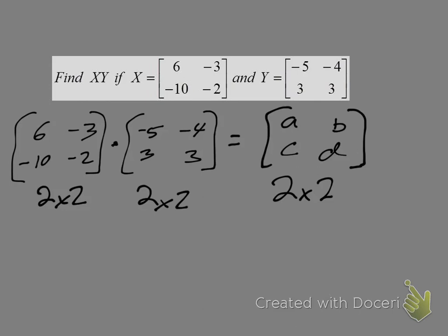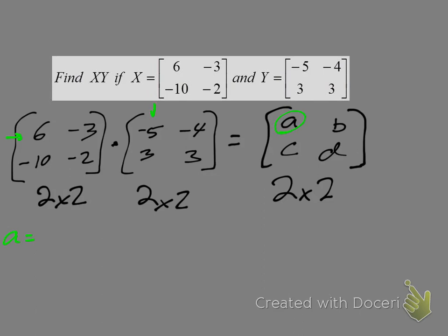We're going to find A first. So I'm going to go down here and write A equals. Which goes first, rows or columns? Rows. Rows go first, so I want you looking at this row right here. And what goes second?